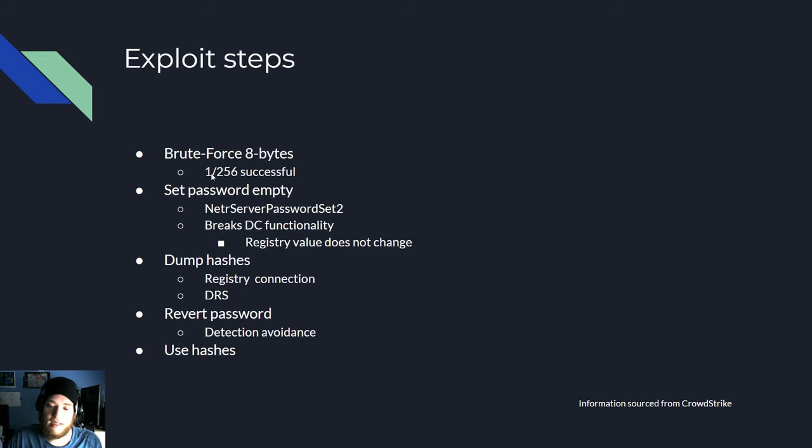And then, of course, that set empty password script also did that second step, set empty password, which just uses the NetrServerPasswordSet call to change that machine password to an empty string, right? It spoofs the identity of the domain controller, and it tells the domain controller to set the machine password to blank.